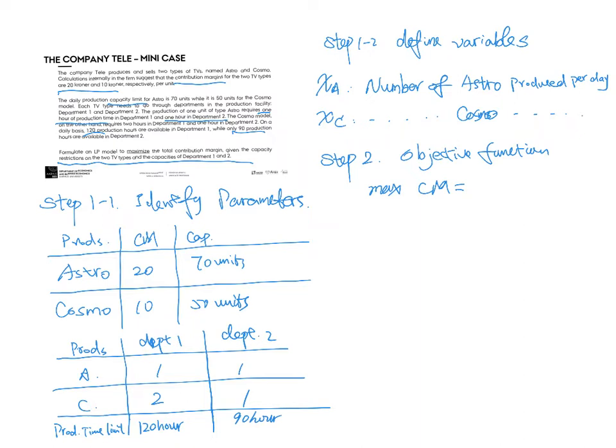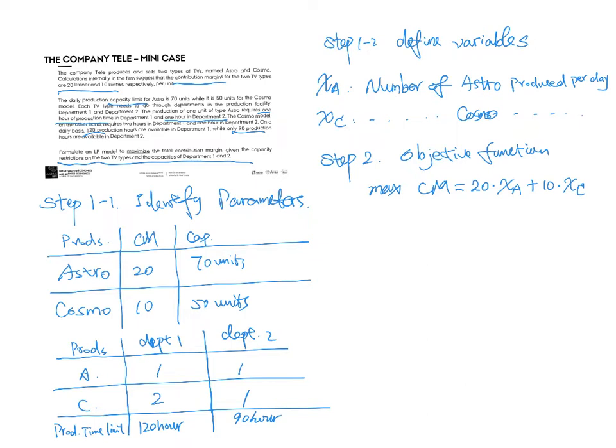So your objective actually is the total production and total revenue or profit you can gain from this production. So we have a unit contribution for Astor of 20 kroner, times your production quantity, so that's the contribution margin from Astor, plus you have a 10 contribution margin for Cosma times the production quantity for the Cosma.